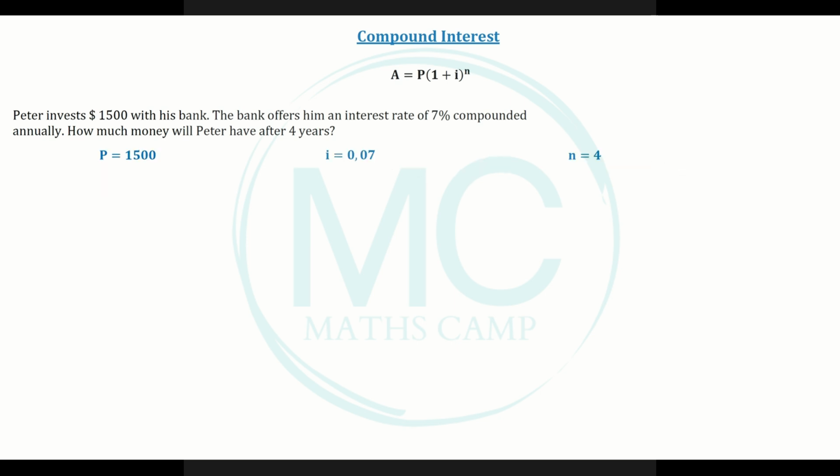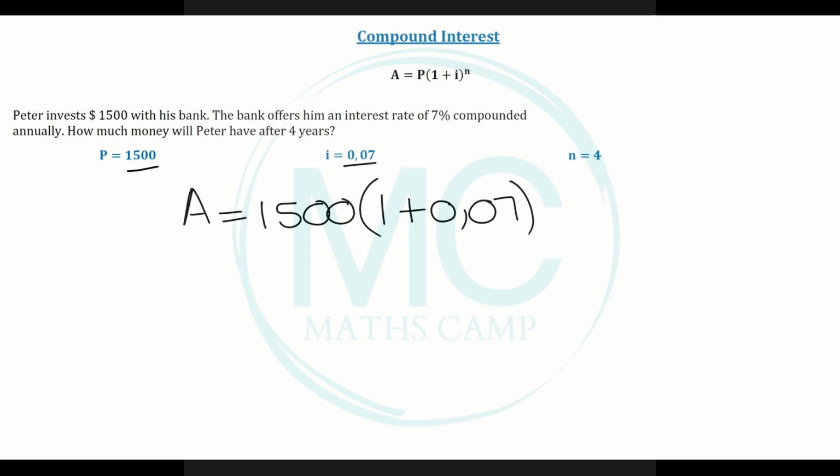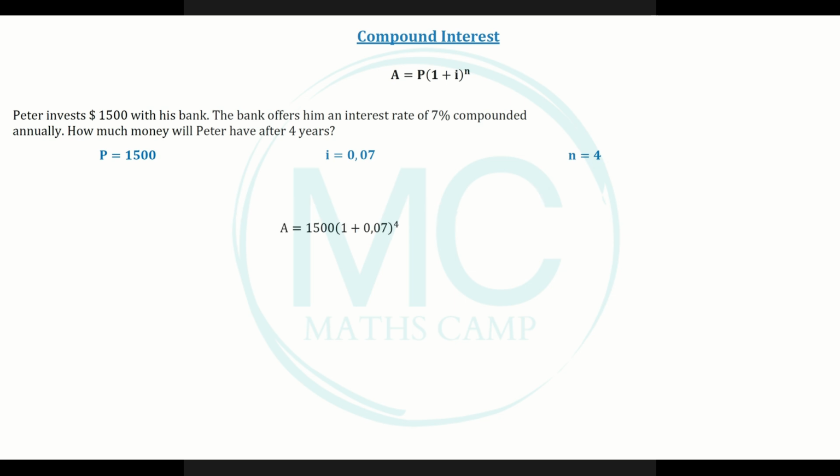Now that we have these values, let's put them into the formula. And we get A is equal to P, 1500. Open our bracket, 1 plus the value of I, 0,07, to an exponent of n, which is 4. Now we have 1500.